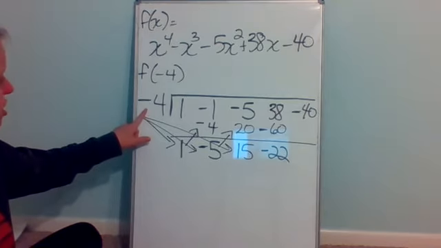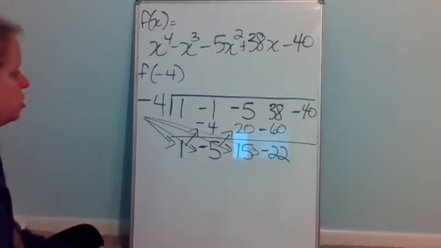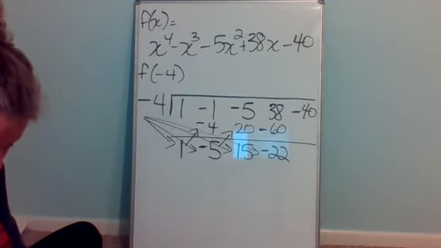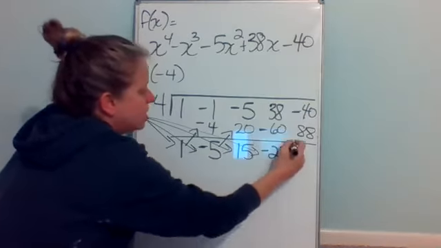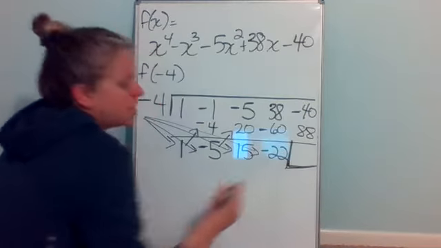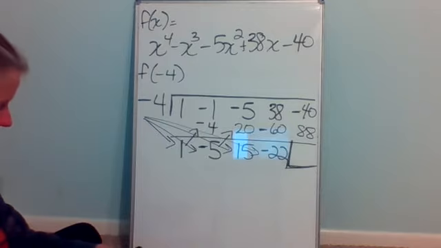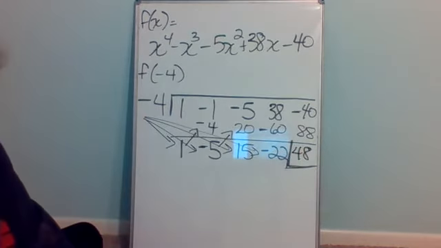And the last multiplication, -4 times -22 gives me positive, what is that, 88? And when I add this straight down, remember, the number that ends up at the very end is going to be your answer. So I have -40 plus 88, which gives me 48.